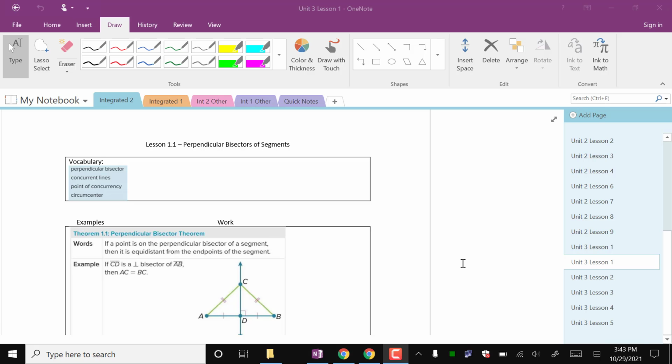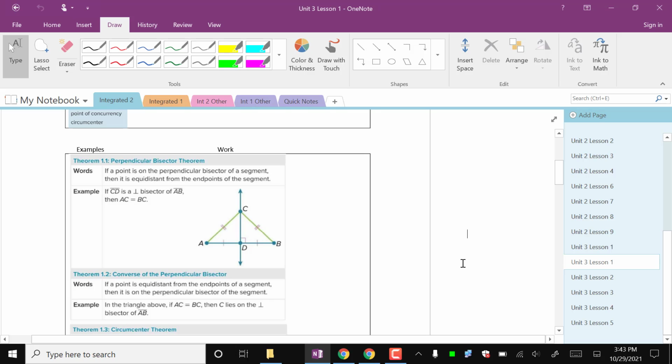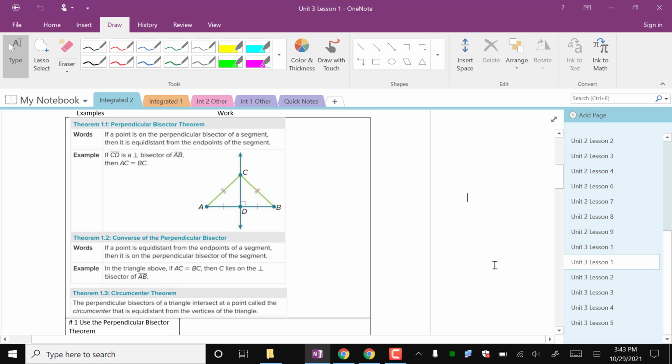So the first theorem we have is Theorem 1.1, Perpendicular Bisector Theorem, and it says if a point is on the perpendicular bisector of a segment, then it is equal distance from the endpoints of the segments. So CD is our perpendicular bisector right here. As you can see, it makes that little square, which stands for perpendicular.